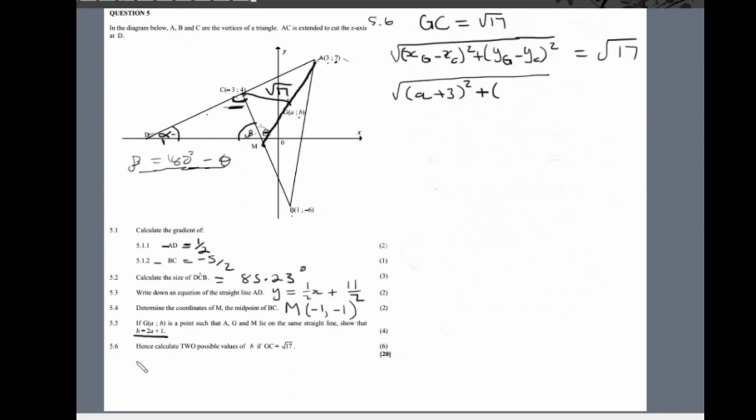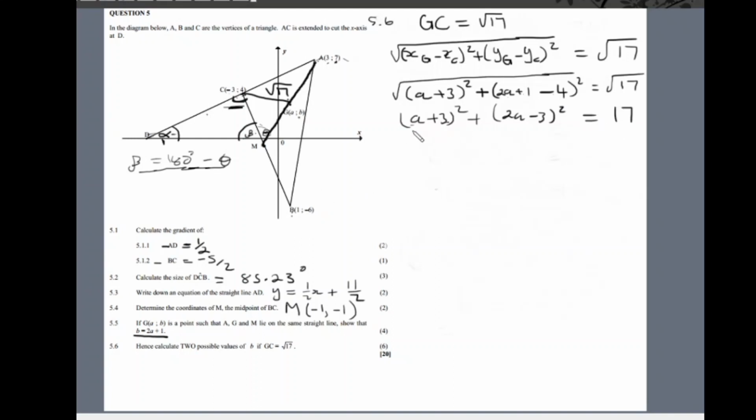Y at G is b, but then we showed b is equal to 2a plus 1. So where I see y at G, I'll just put 2a plus 1. Minus y at C is 4, so here I'll have minus 4 all squared, right, is equal to the square root of 17, right? So now if I square both sides, I'll just remove the square root sign, and then I'll have a plus 3 squared plus 2a plus 1 minus 4 is going to be 2a minus 3 all squared, and then here I'll just have 17, right?